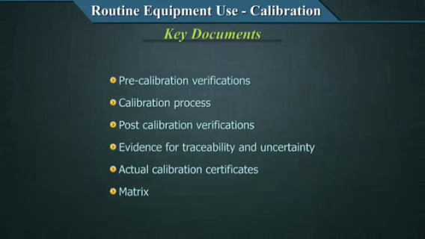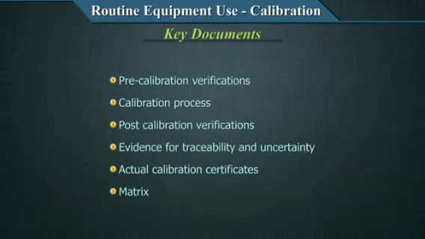I just want to reiterate the documentation requirements. Pre-calibration verifications, and generally these are repeatability tests or QCs, CVs which will be taken, background checks, carryover checks. Those will be done by your manufacturer. In the case of analytical equipment, right now I'm only talking about analytical equipment.